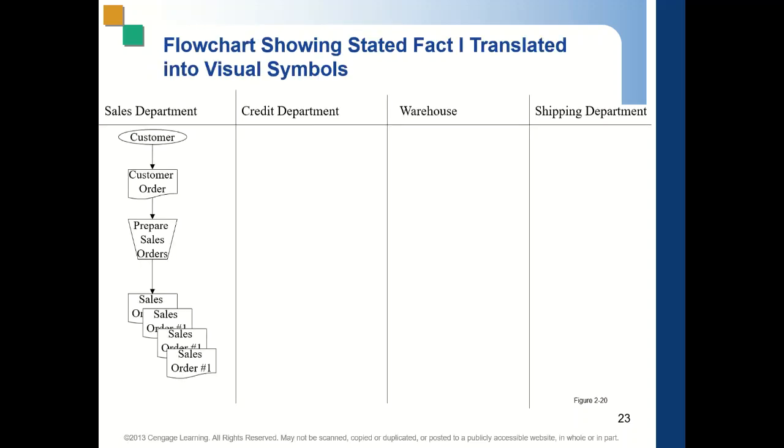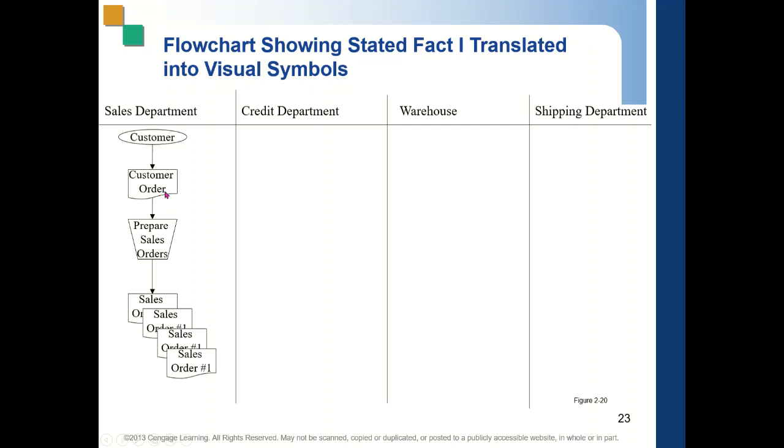So in this case, there's something that is coming from a customer. And because we are thinking about sales, essentially we are saying that, for instance, a customer has given us a purchase order. So some document is coming from the customer, and that document is a customer order.